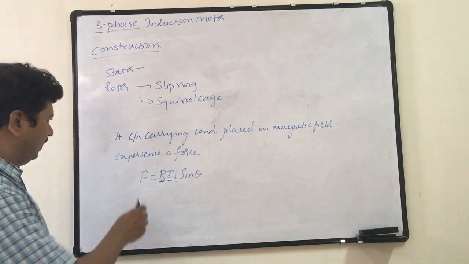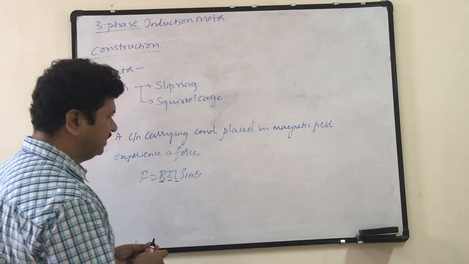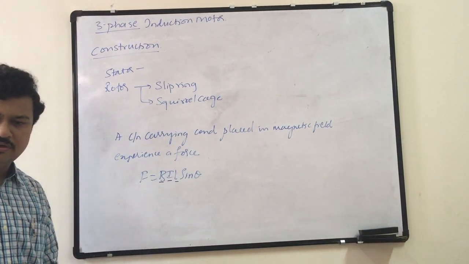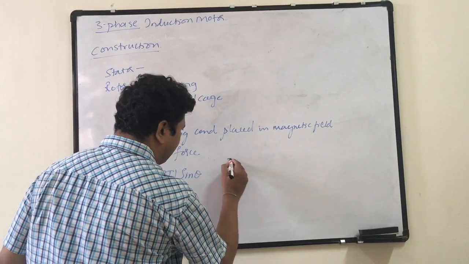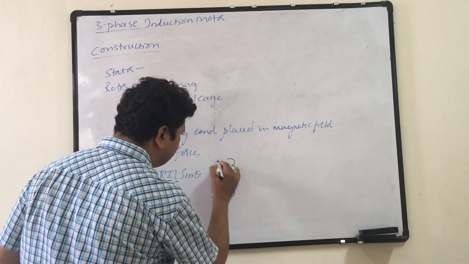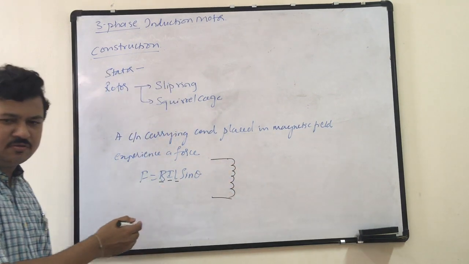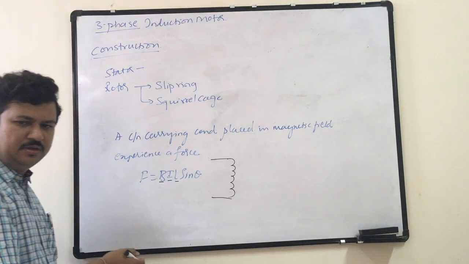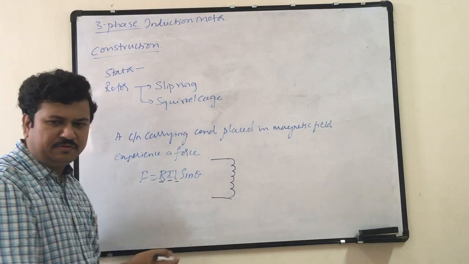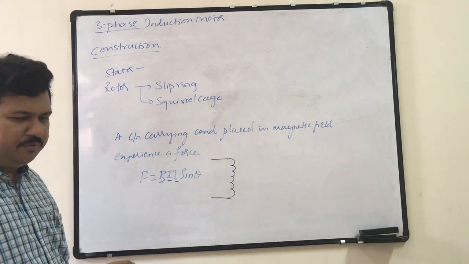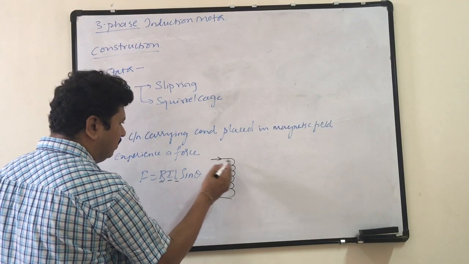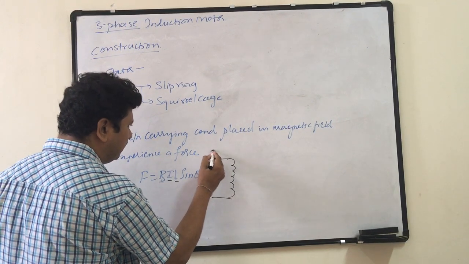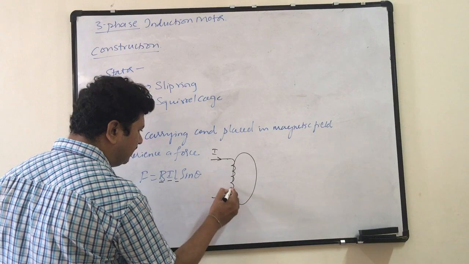Okay, why should a current carrying conductor placed in a magnetic field experience a force? Because suppose I have a coil. Actually this is a repetition of what I told in the last class. If you have not gone through the lecture video, it will be useful for you. In one coil I will be giving the current, which will create a magnetic field.